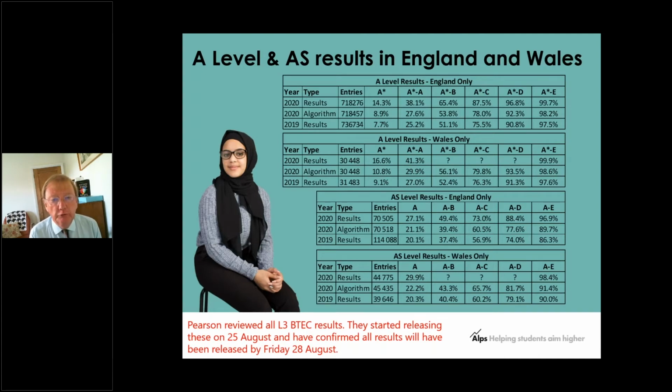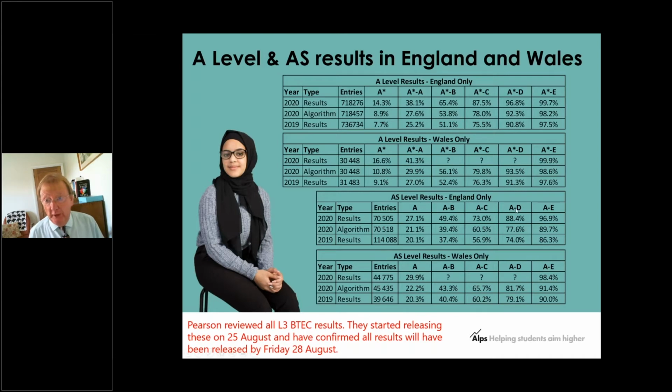The rise in results very much did happen once they switched to awarding the centre assessed grades. So looking at A star, both in England and Wales, it looks like a hike of about 6%. By the time it's A star A, it's up 11%, 12%, and so forth.